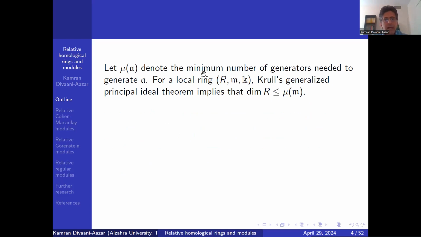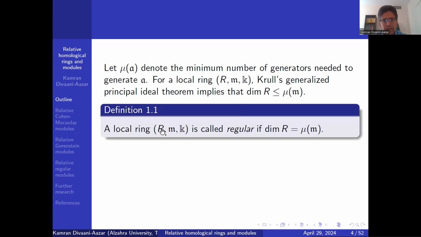For an ideal A, we denote the minimum number of generators needed to generate A by mu of A. We know that by Krull's generalized principal ideal theorem, the Krull dimension of a local ring R should be smaller than or equal to mu of M. If equality holds, then we say that R is regular. So a local ring is regular if the dimension of R is mu of M.